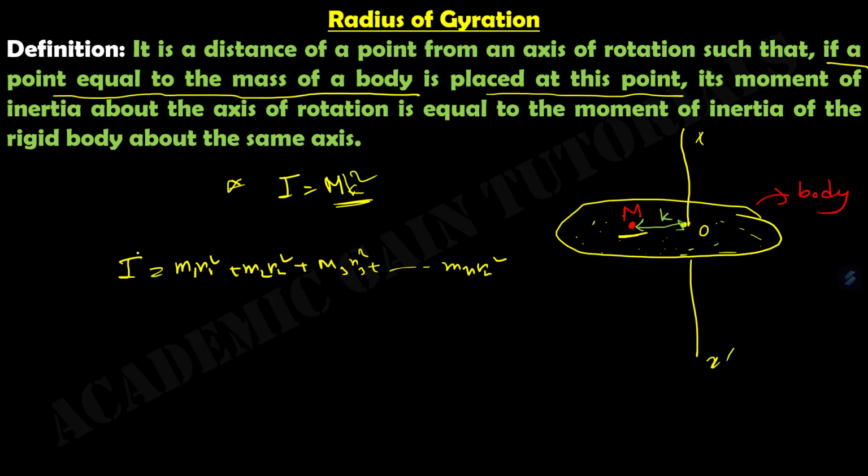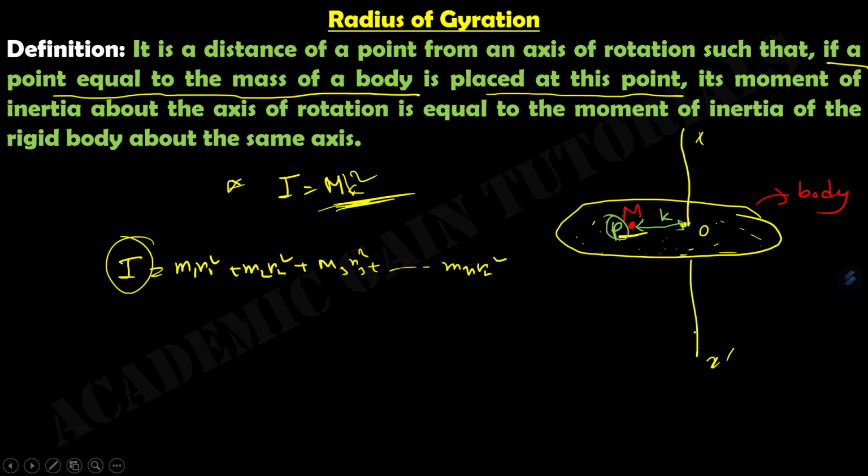It says this inertia of the whole body is equal to the mass of the point we placed times the distance of this point to the axis of rotation squared. If I say that this is a point P, the moment of inertia for this point P is equal to the moment of inertia of the whole body.